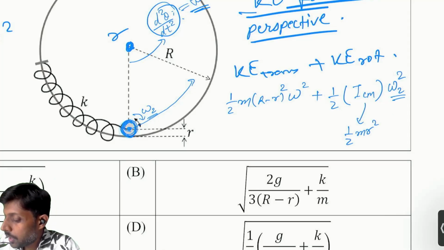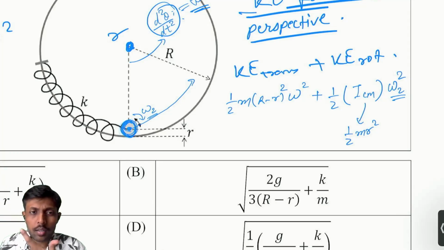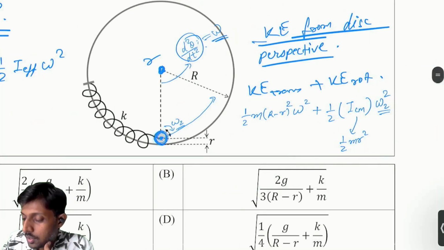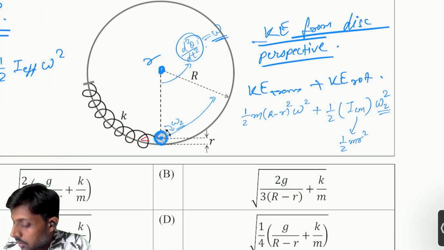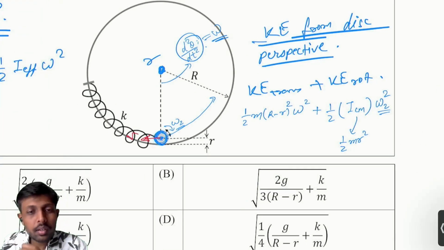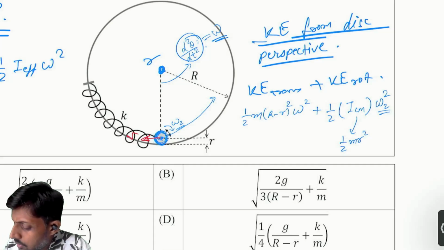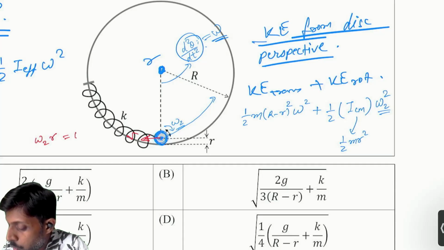And what about omega 2? How do you write omega 2 in terms of omega? See, this is pure rolling. So we know that this velocity is the same no matter from which perspective you are looking at it. I can write omega 2 into small r must be equal to omega into capital R minus small r.